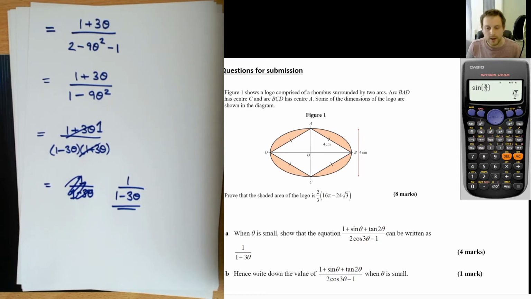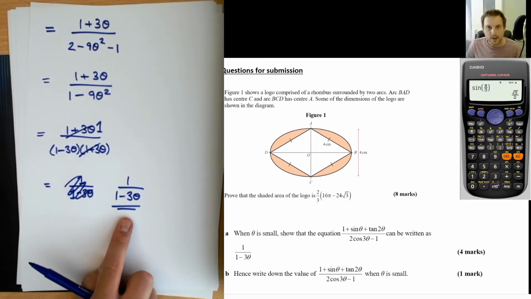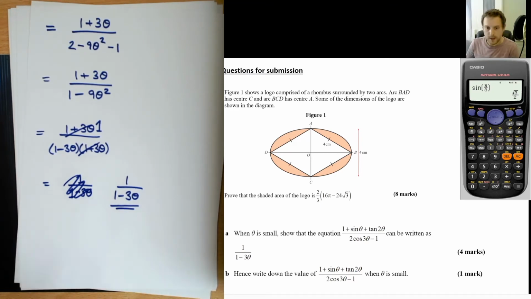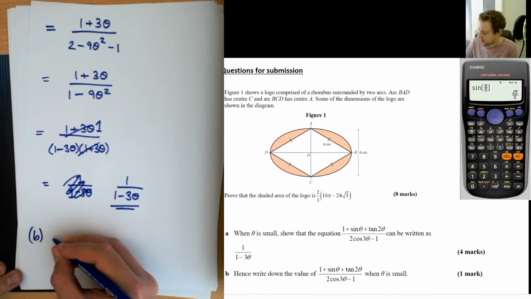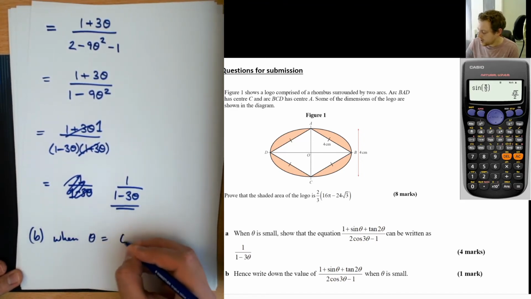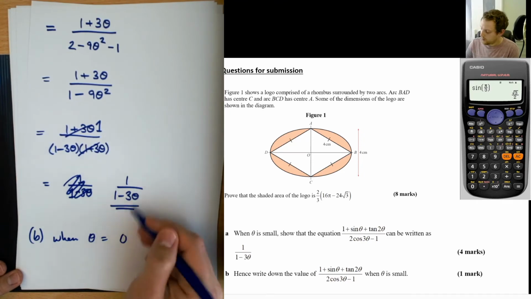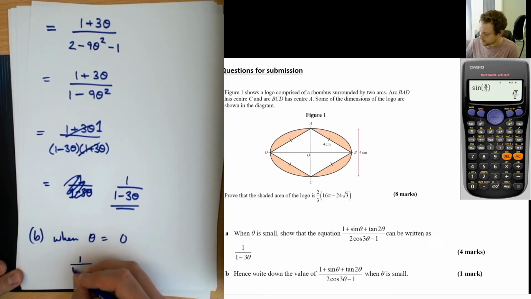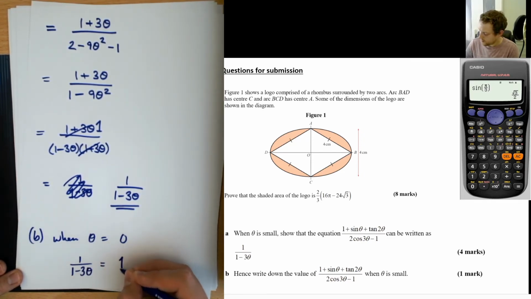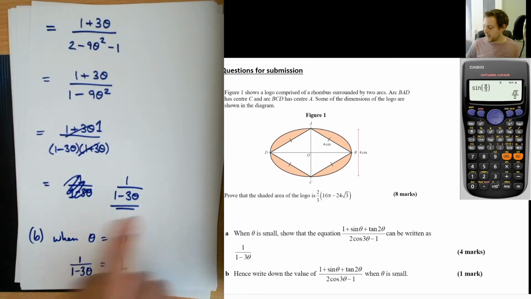So in this situation, you want to set theta equals 0 in a question that's phrased like that. So part B, when theta actually is 0, this equals 1. So the idea is that the complicated expression to begin with, as theta approaches 0, this whole expression approaches 1.